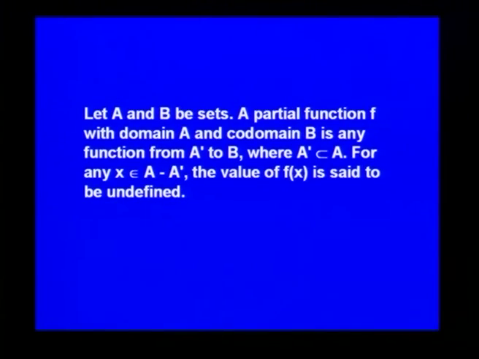Let A and B be sets. A partial function f with domain A and codomain B is any function A' to B where A' is a subset of A. For any x belonging to A minus A', the value of f(x) is said to be undefined.